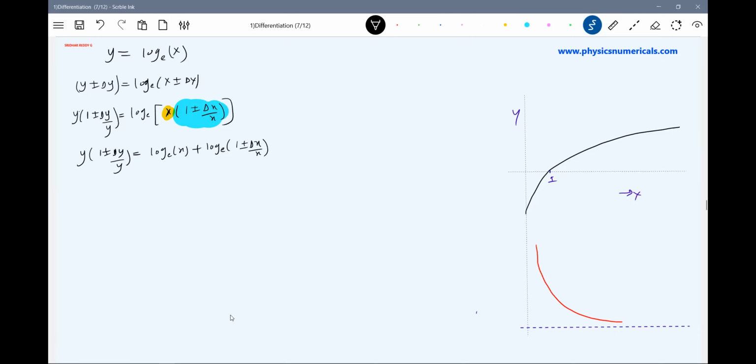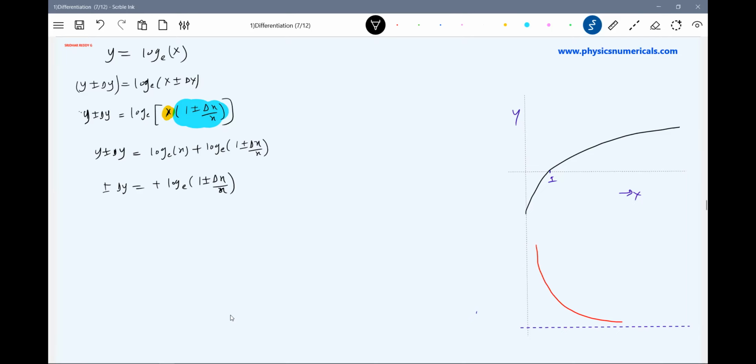Then here, okay, I think I should not take it here. Let it be as it is. So now I can cancel out y equal to log e x. So this will become plus or minus delta y is equal to log e 1 plus or minus delta x by x.